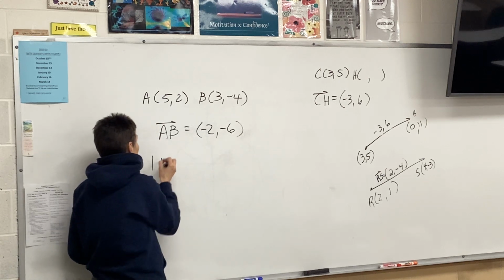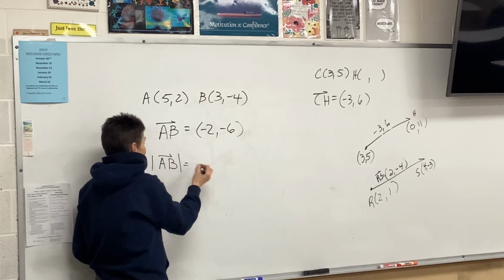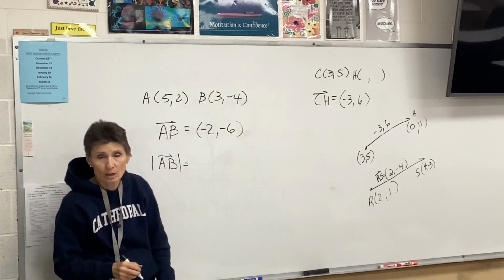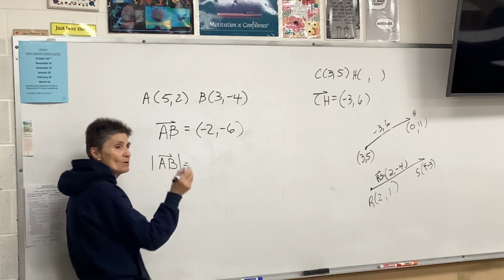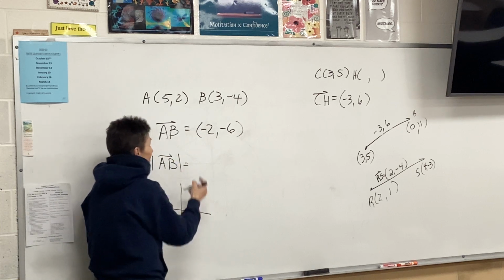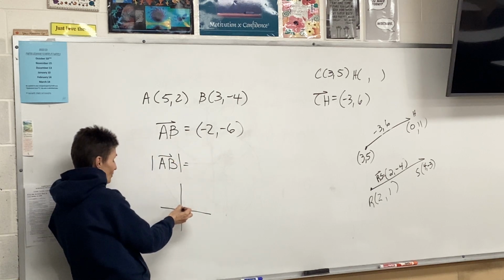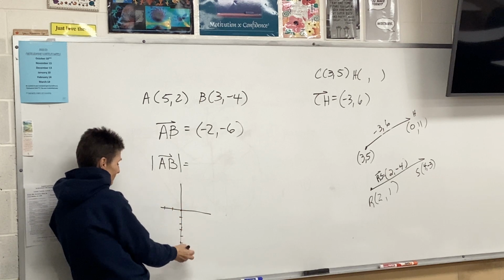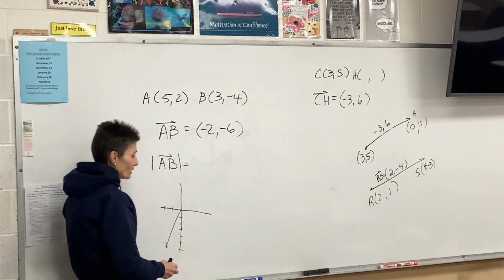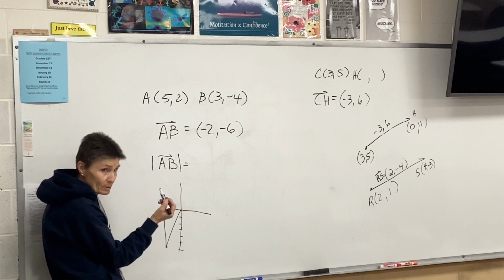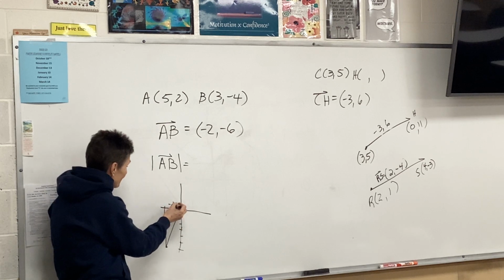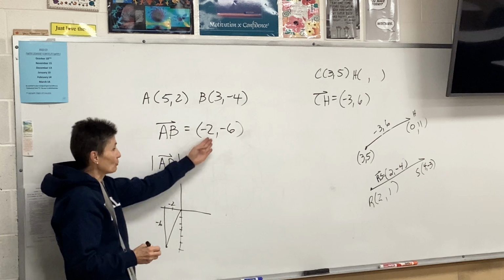Now we want to know the magnitude of that vector. How long is it? Well, this is so easy, guys. So simple. Let's draw it as a position vector. It goes left 2 and down 6. So the vector would look like that. If I make my little right triangle, my butterfly bow tie, always, always, always, -2, -6. That's how this vector moves.